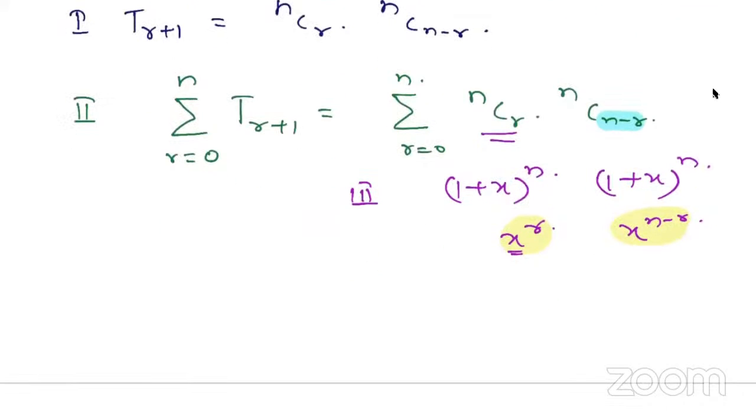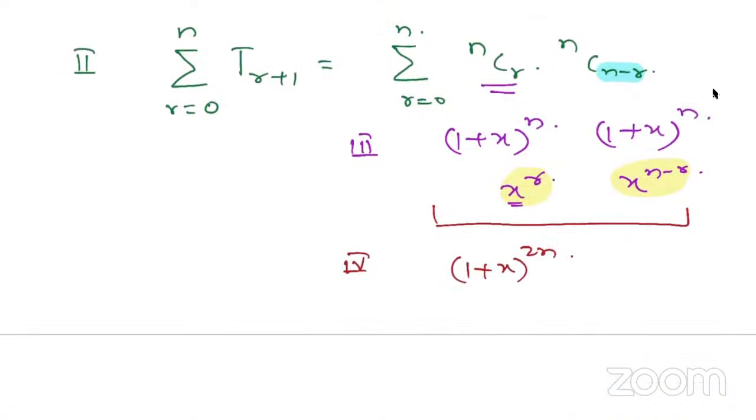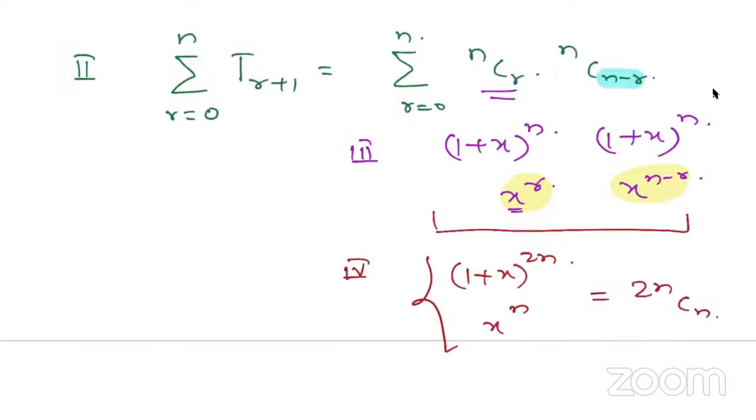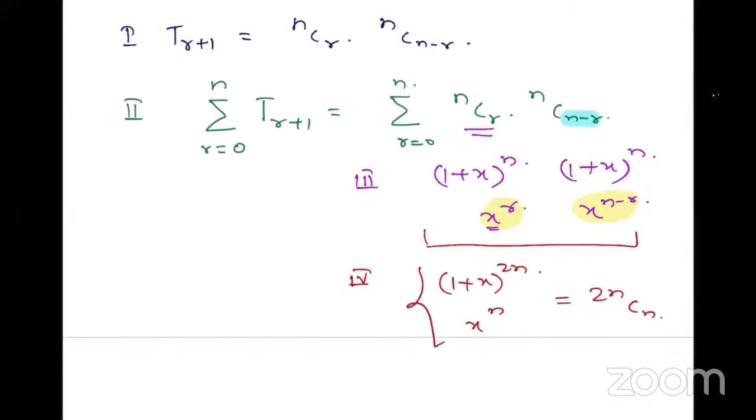So overall, from these two, that's step 4: in the expansion of (1 plus x) to the power 2n, the coefficient of x to the power r plus n minus r, that's x to the power n. And this is known as 2nCn. Hope everyone is getting this.